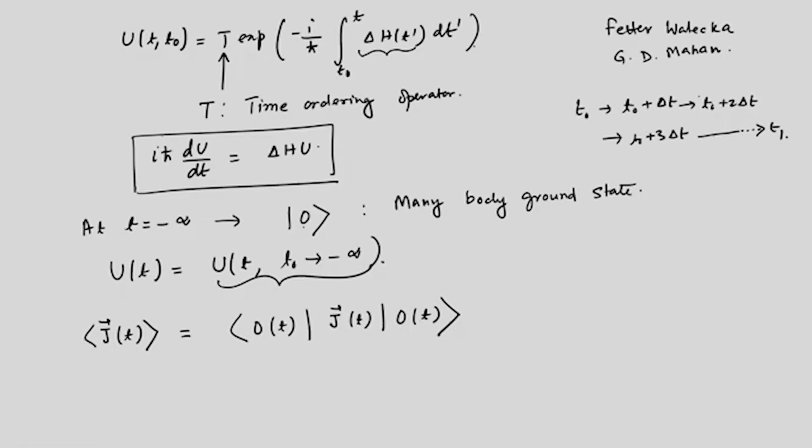This 0 is at t equal to minus infinity, but that many body ground state would evolve with time. That is why we have written 0 of t. We still assume, and this is an intrinsic assumption of perturbation theory, that the ground state is a valid description of the system.